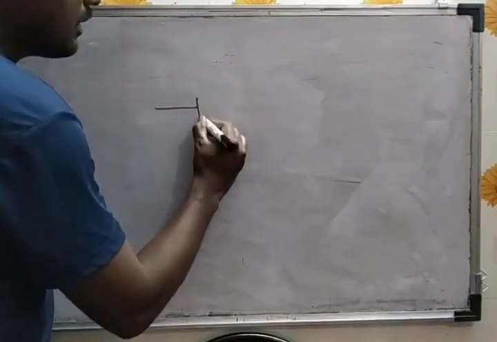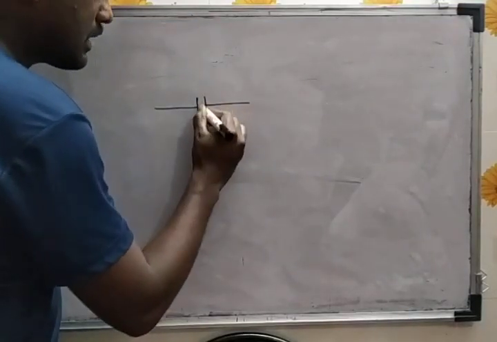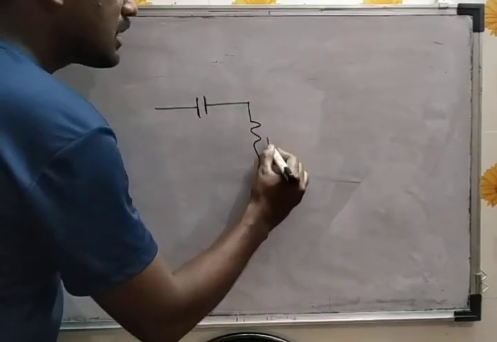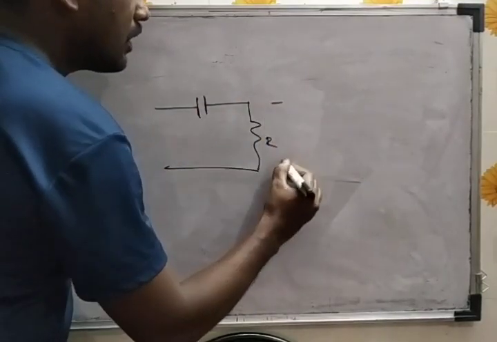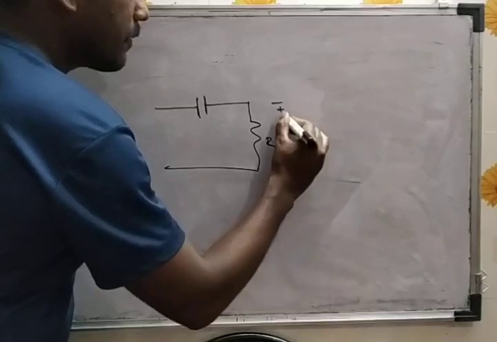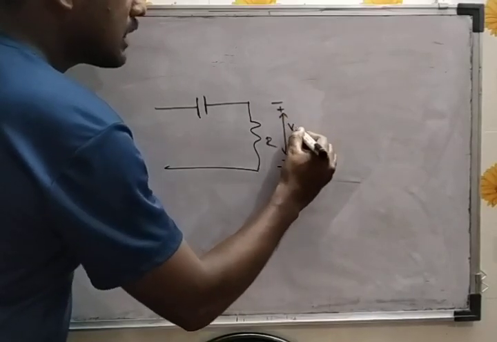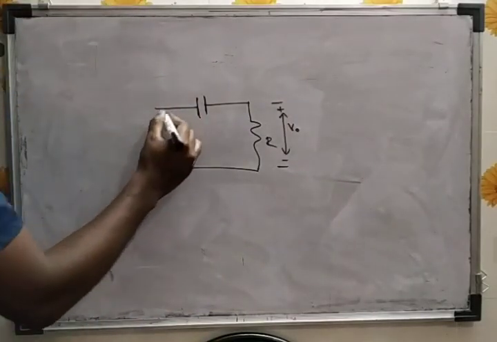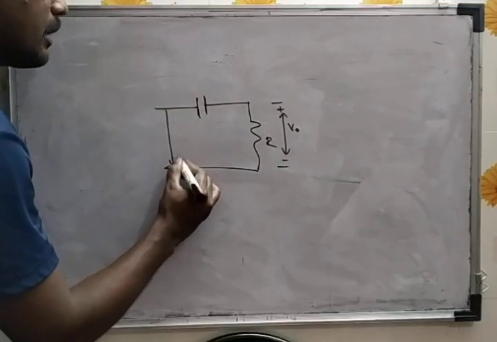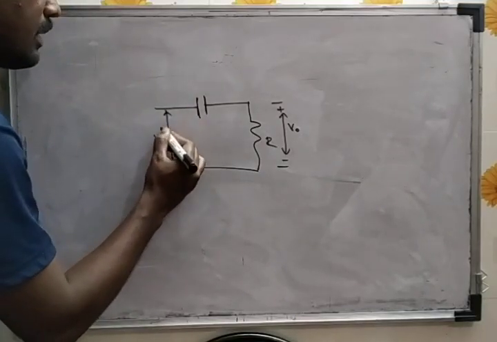In the previous class, we discussed the high pass RC filter. It has a series capacitance and a shunt resistance. We are taking the output across resistance R, and we are giving the input VI here.